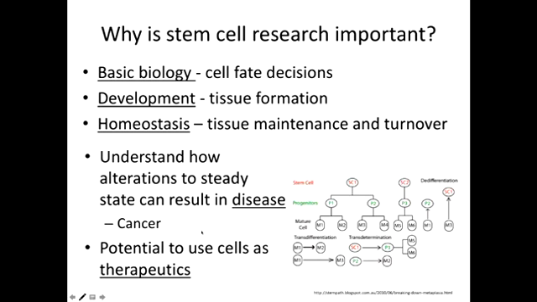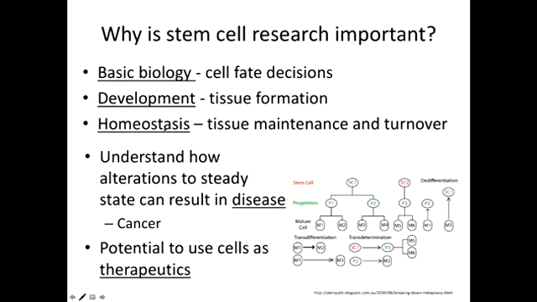And that's because stem cell research helps us to understand basic biology, such as cell fate decisions, what is involved in determining a cell fate from one particular cell type to another. How does development work? How do tissues form? How do organs form? What's the arrangement, the organisation of these processes? Also, regular homeostasis.